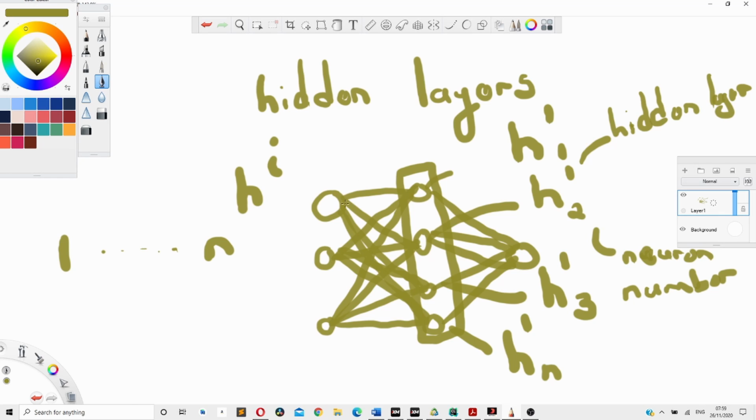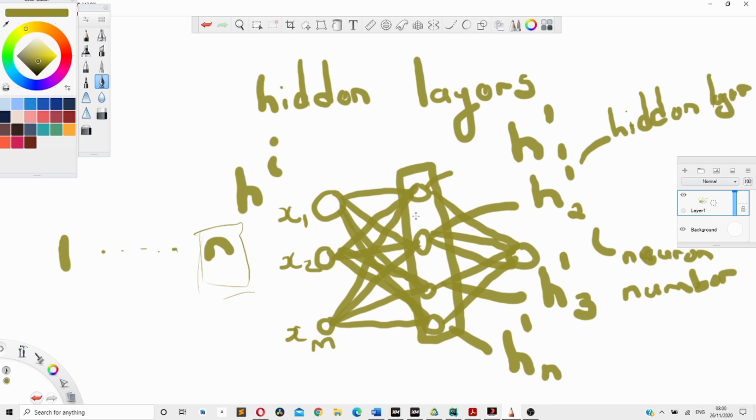So why did I use this N instead of M? Remember, for our input layer we have X1, X2, up to XM, where M represents the number of features in our training set, right? So why does this number N differ from the one in our input layer?